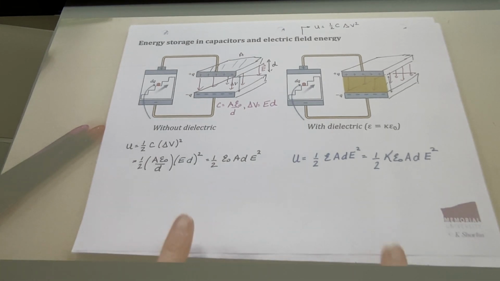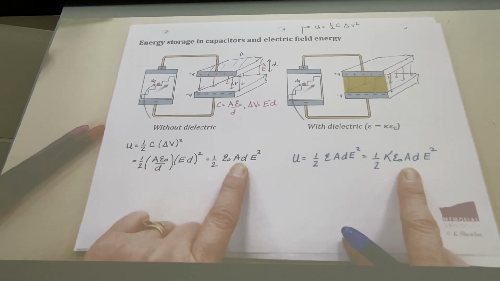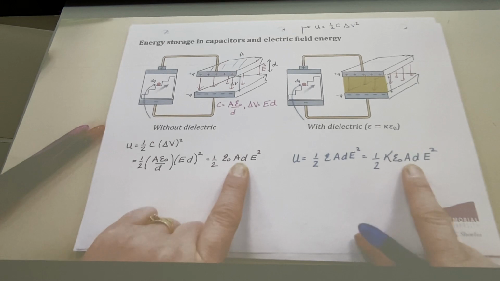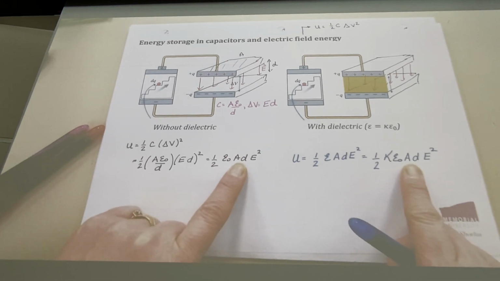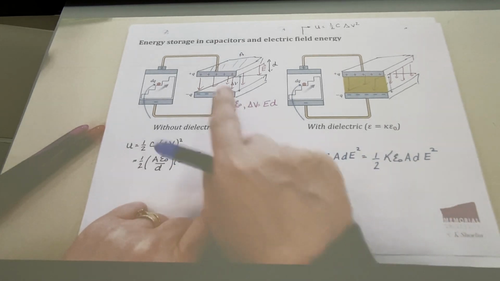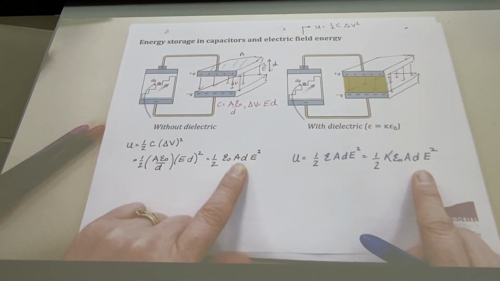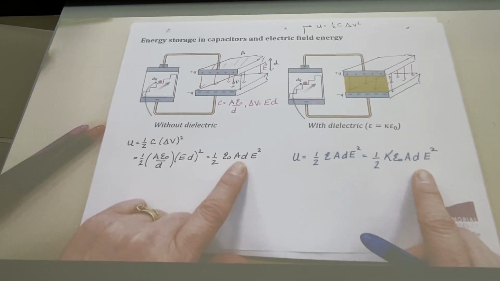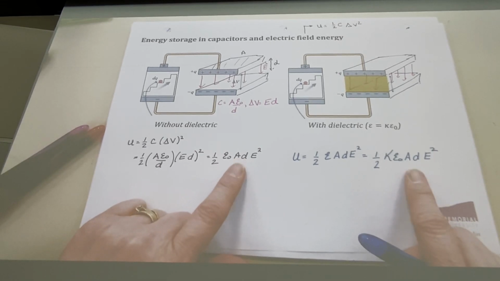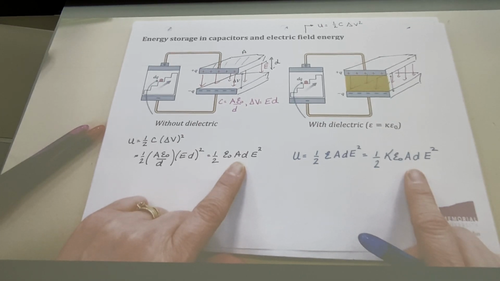So the next thing I might notice here is that I've got A times D and A times D, and I might ask, what does A times D mean? Okay, what's the physical meaning of the area of the plate times the distance between the plates? That's the volume between the capacitor plates, right? But more so, A times D is the volume where the electric field exists.